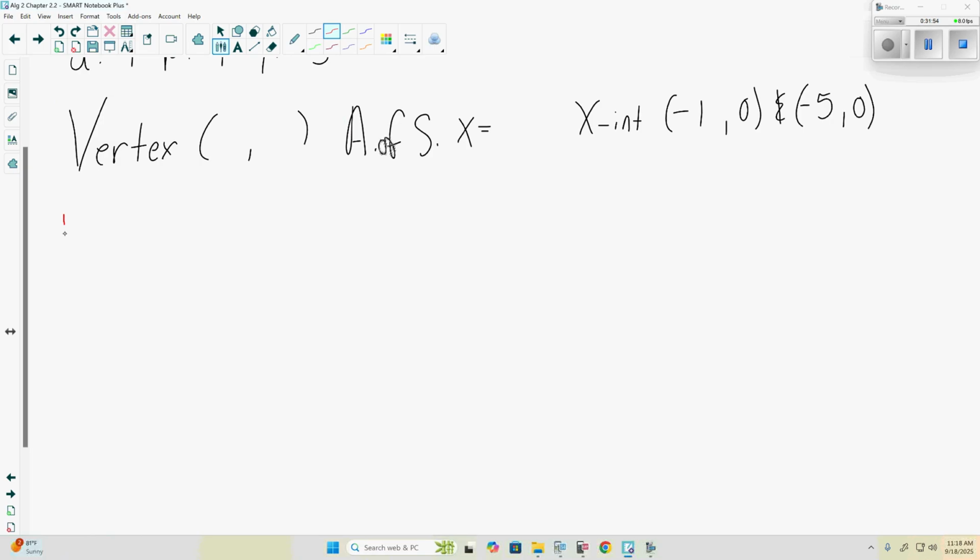For vertex and axis of symmetry, we need to calculate P plus Q over 2.